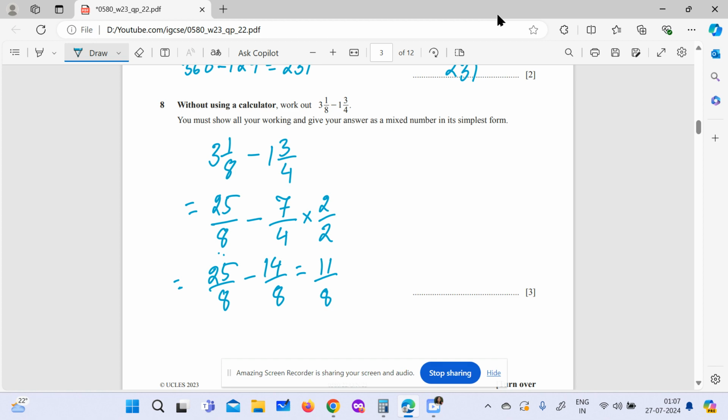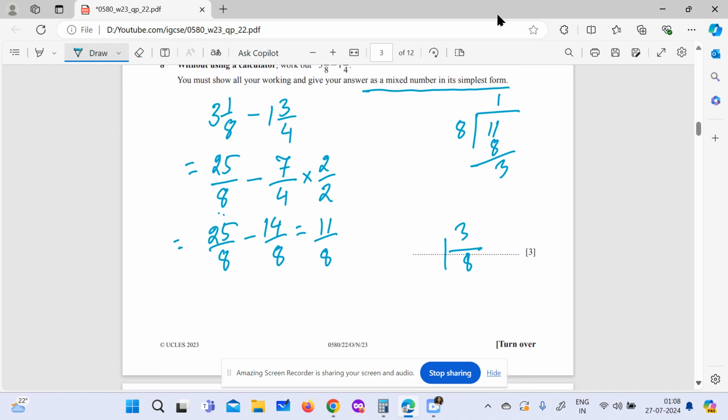And here already it is mentioned, you have to give your answer as a mixed number in its simplest form. So let me change it to a mixed number. So you get here 1 and 3 over 8. I hope this is easy.